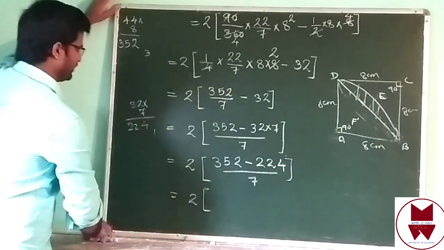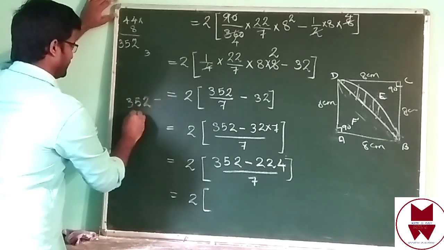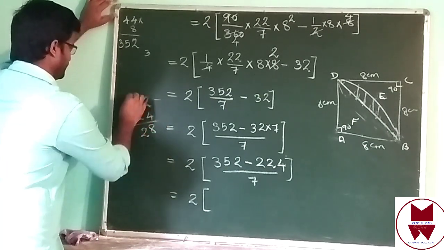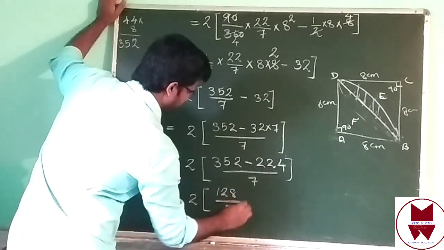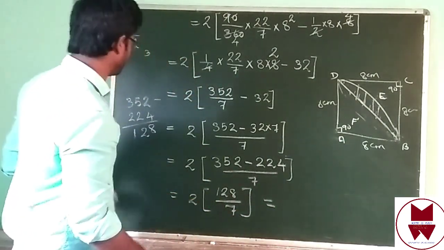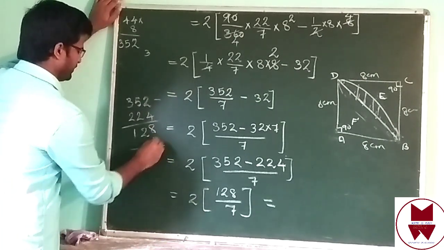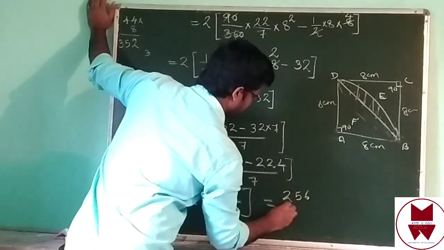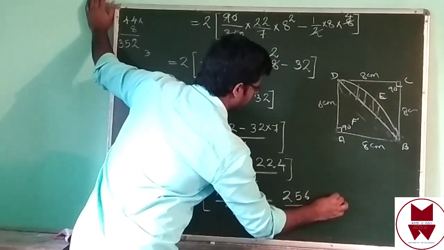2 into 352 minus 224, you will get 8 in here, 2 in here, 128. 128 by 7 equal to, we have to multiply with 2 also. 2 into 128, multiply, then 6, 5, 2, 256 divided by 7 centimeter square.